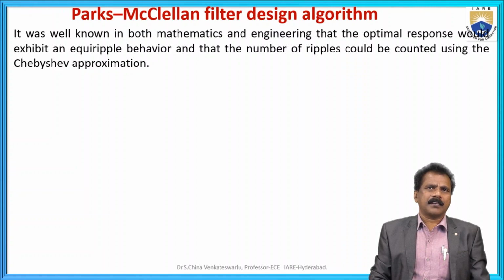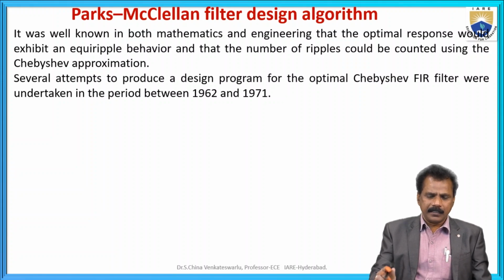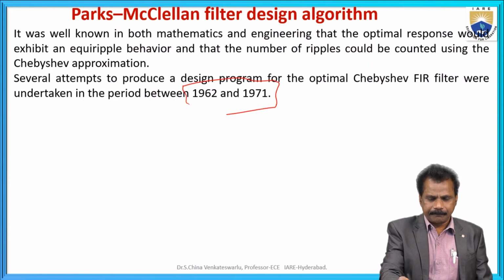Previously they were using other techniques, but the ripples could be counted using this Chebyshev or Dolph-Chebyshev approximation. Several attempts to produce a design program for the optimal Chebyshev finite impulse response filter were undertaken in the period between 1962 and 1971.